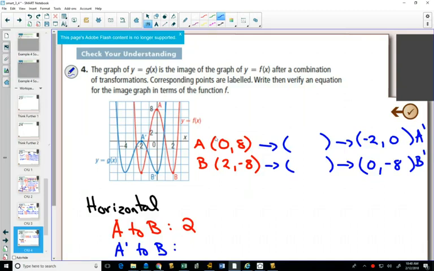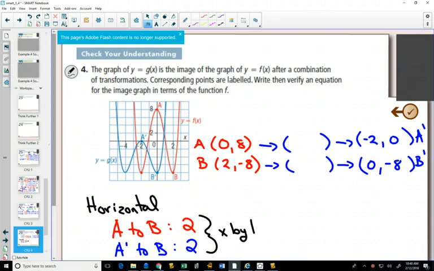Can you see that? You'll also go 2 to the right. What that tells us, you could say, well, I'd have to multiply x values by 1 in order to keep them the same. That's telling us that there's going to be no horizontal stretch or no horizontal compression.